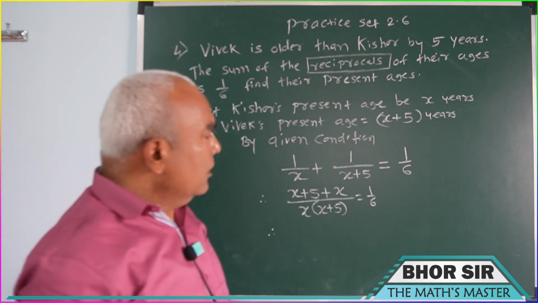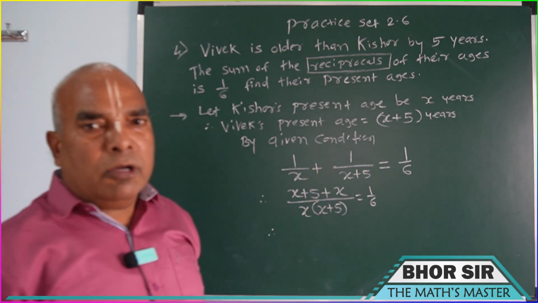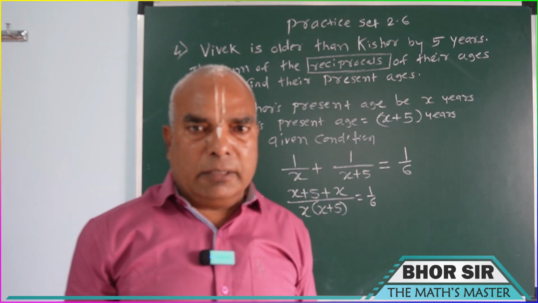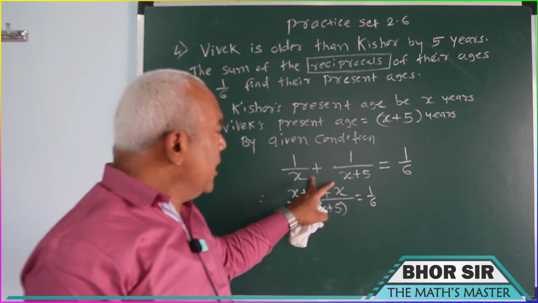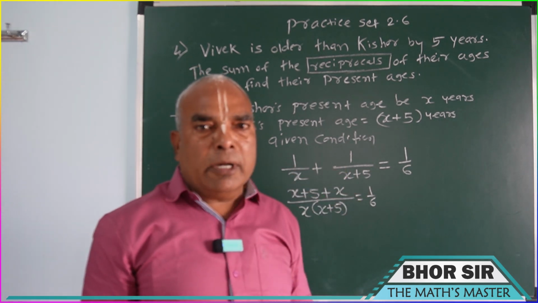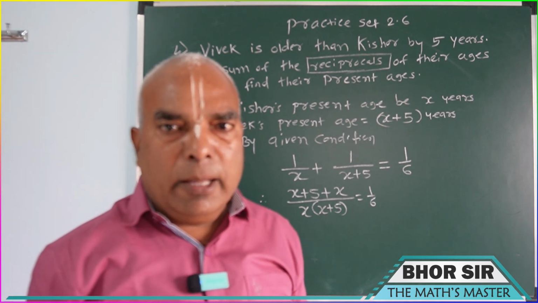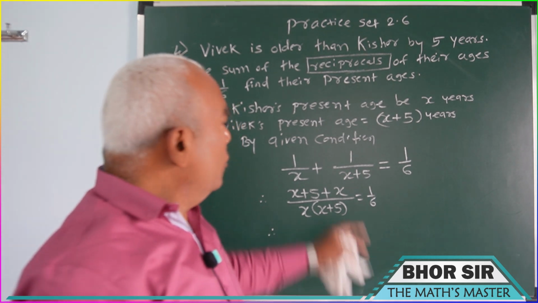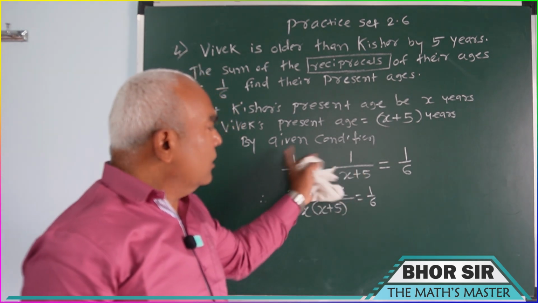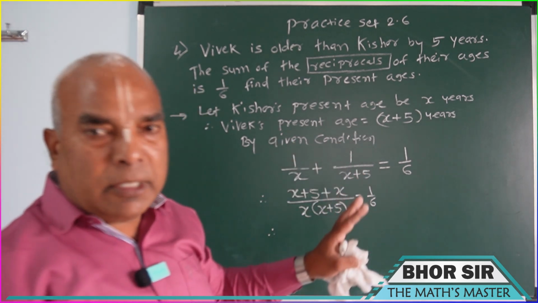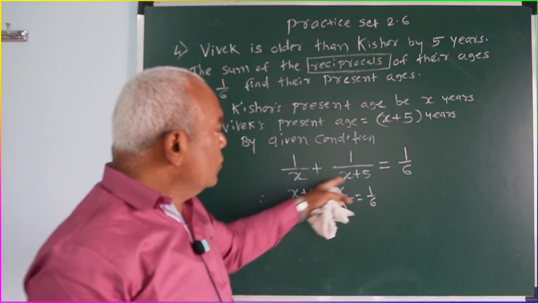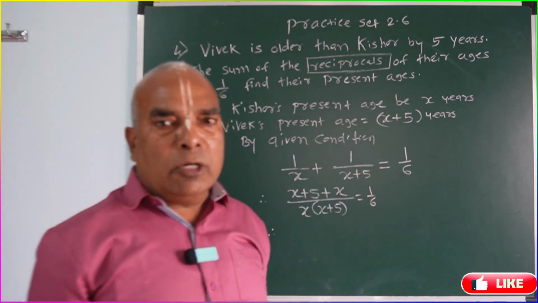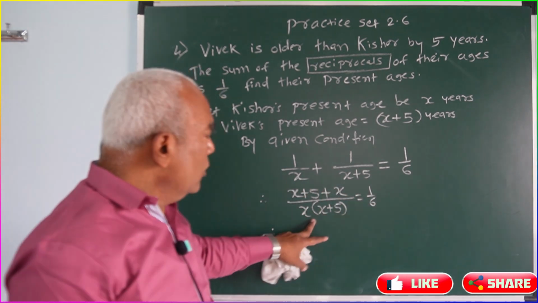If there is addition or subtraction of fractions and their denominators are different, we should do cross multiplication and write it on the numerator side. Then we multiply denominator to denominator and write it on the denominator side.